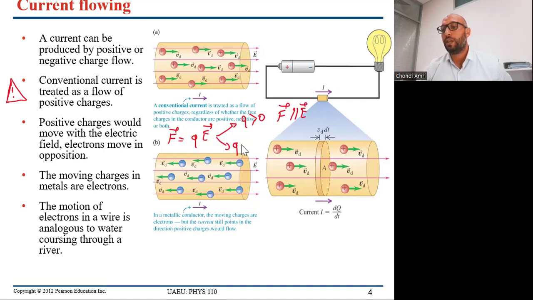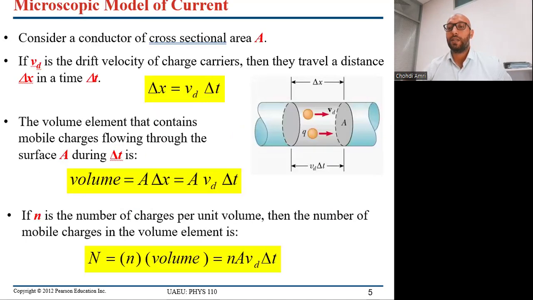If Q is negative, in this case, F and E are anti-parallel. Is it okay? Very good. So we are done. The moving charges in the metals are electrons. So in the metals, the direction of the current is opposite to the direction of the electrons.